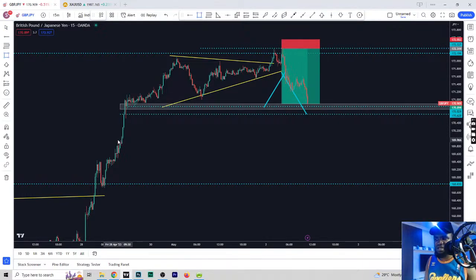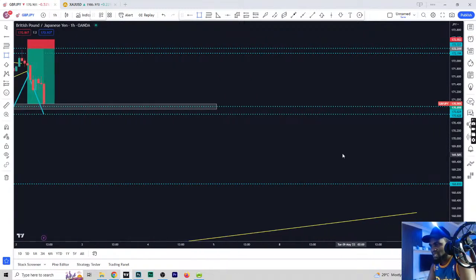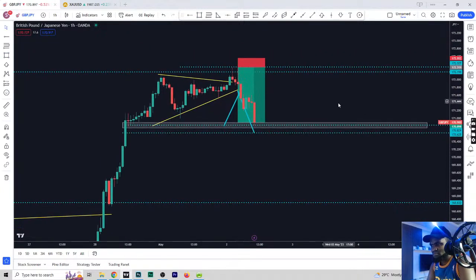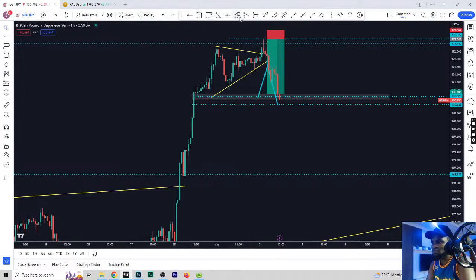News in 1 minute, I don't know how the news will react. If there's news in 1 minute, I would advise you not to trade news, but the news most of the time completes market structure. So news needs to complete market structure. If this is really our market structure, then no wonder if news will pop up and go down.